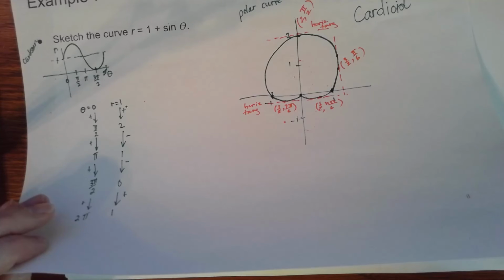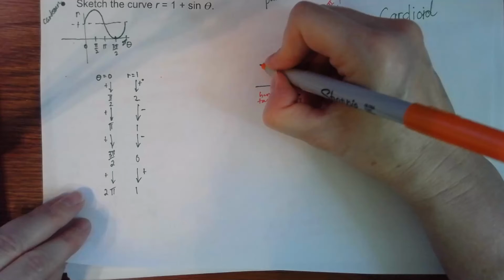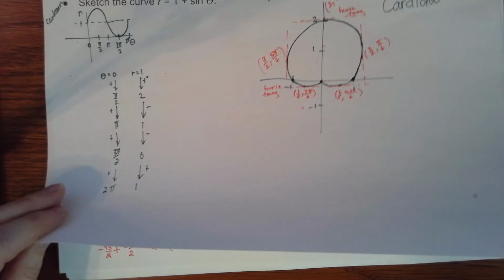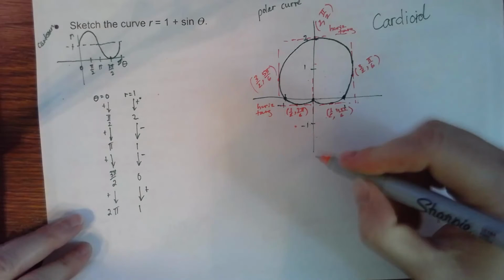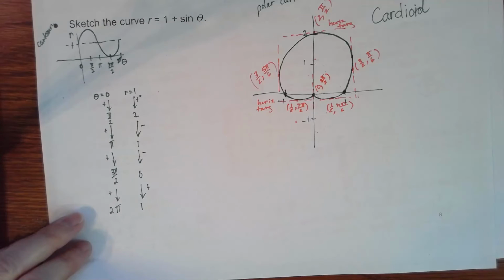And then 3 halves, 5 pi over 6, that's over here. There is a vertical asymptote. And then our 0, 3 pi over 2, that's right here. There's this sharp point right here. This is our 0, 3 pi over 2. It does appear to be a vertical asymptote there as well.